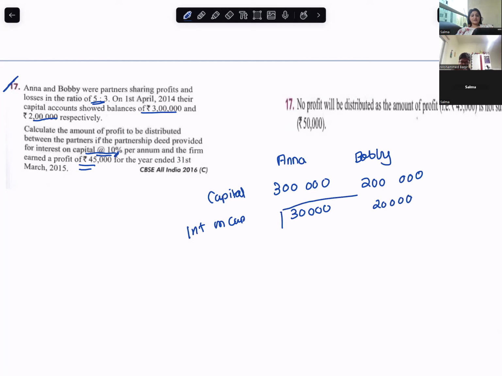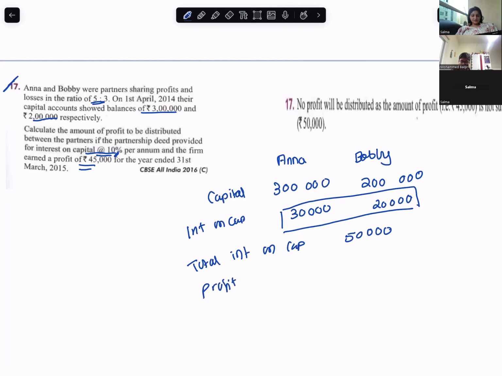So total interest on capital is how much? 50,000. But profit for the year is how much? 45,000. So is profit sufficient or insufficient? It's insufficient.